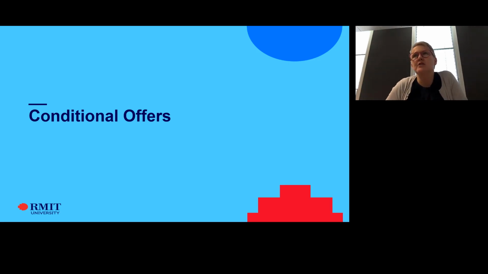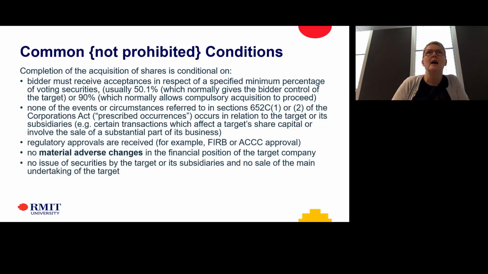So conditional offers. As you now know, a conditional offer can only be made in an off-market takeover bid. If we are making an on-market bid, then it's an offer for cash and it needs to be unconditional from the very beginning. So what kind of conditions are not prohibited?